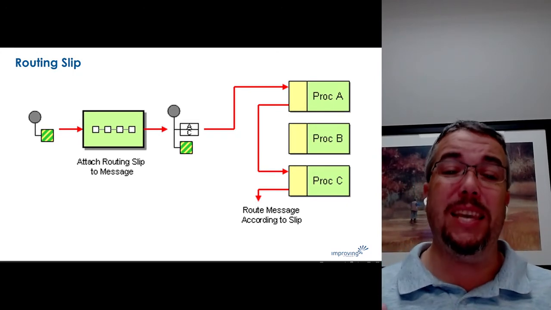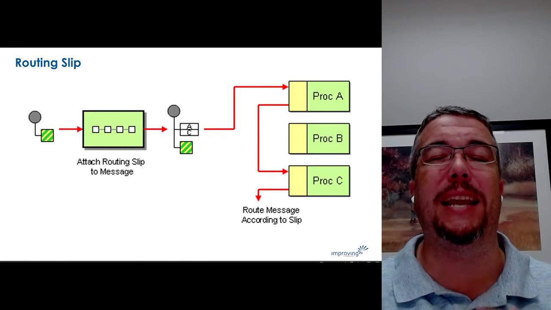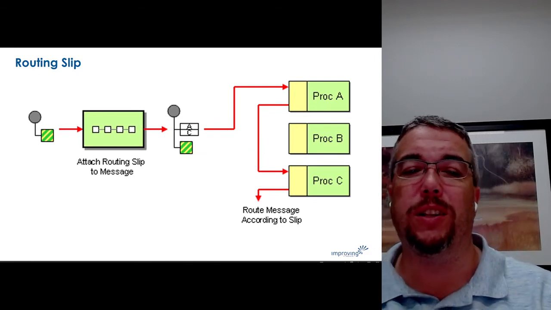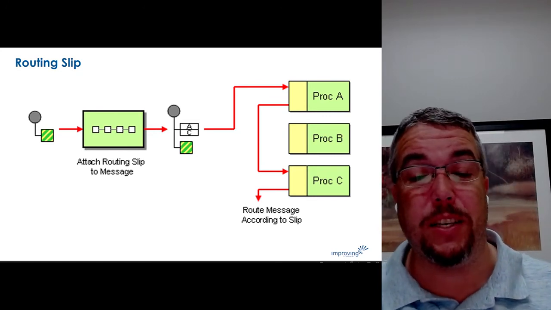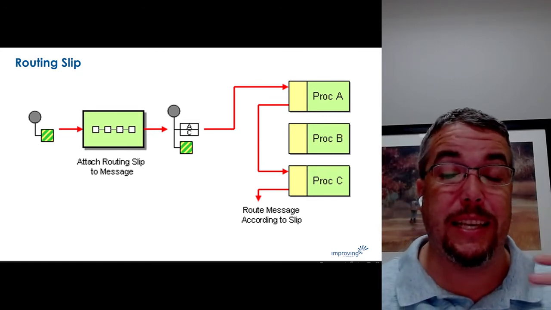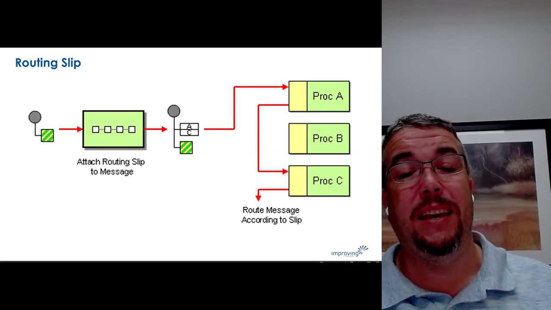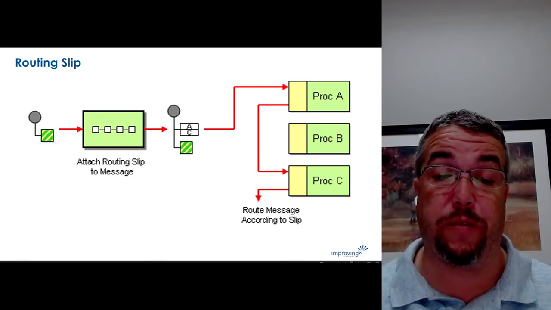So in that situation, there are patterns that we can use, but a very good pattern to use is one called the routing slip. What a routing slip allows us to do is have a workflow that is dynamic, that can properly let us, on a message-by-message basis, vary the workflow.